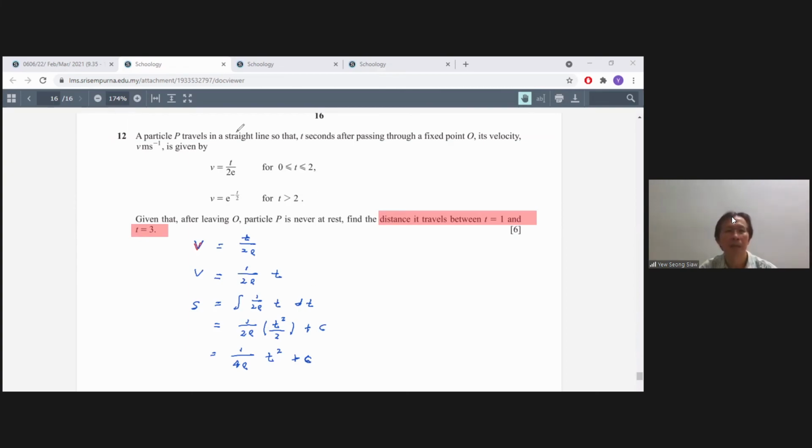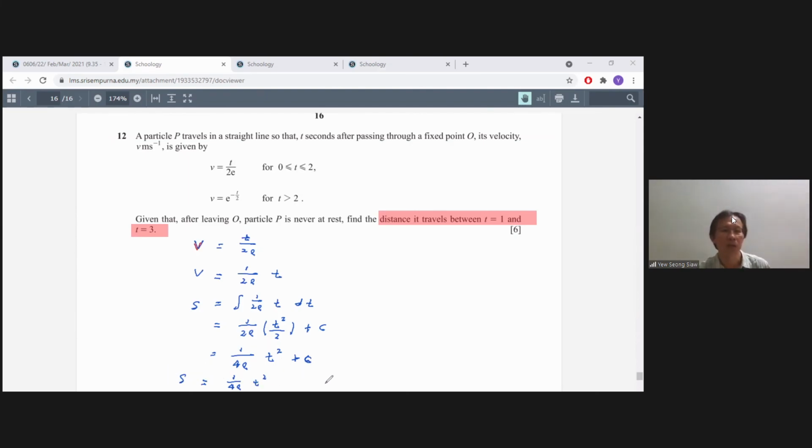The particle starts travelling passing through the fixed point O. Okay, that means c equals 0. It starts timing from point O. So c equals 0. After integrating, c no need to write, c actually is 0.